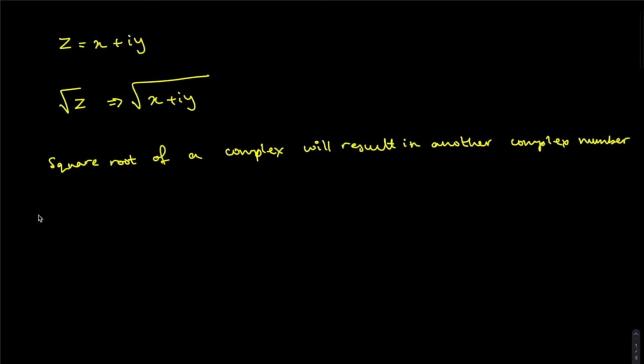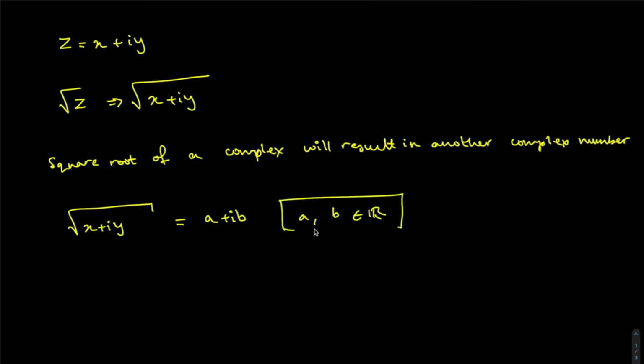If we're supposed to find the square root of a complex number, say x plus iota y, we'll actually get another complex number, something like this, a plus iota b, where a and b are real numbers. This is key, where a and b are real numbers.